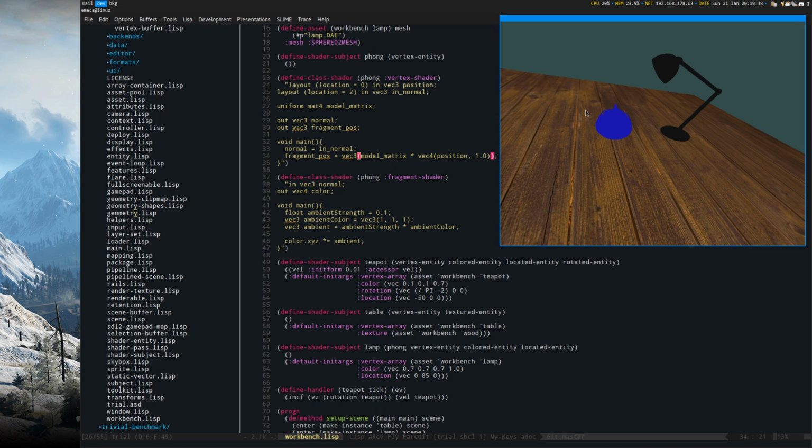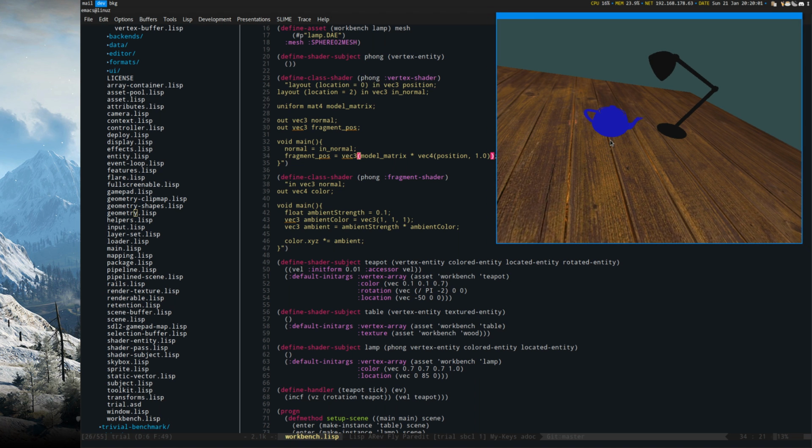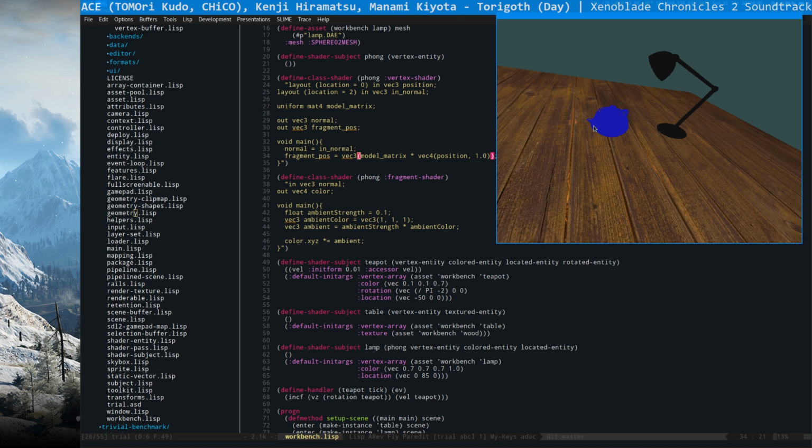One space is model space, where you define a zero point for your model that you want to draw, and all the coordinates of the model's vertices are relative to that. Then you have world space, which is a zero point in the world, and all the models are placed relative to that. And then finally you have perspective space or clip space, which is what you're looking at. That defines perspective and camera and stuff.